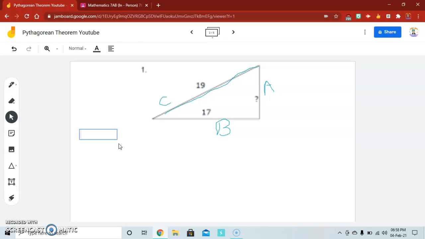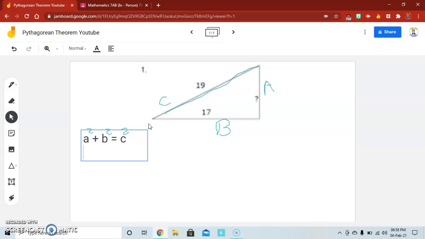Now, we're going to apply these formulas to this. Let me make this a little bit bigger. So a squared plus b squared is equal to c squared. Remember, the squared is the number 2. Now we're going to type in the numbers for each one of them.